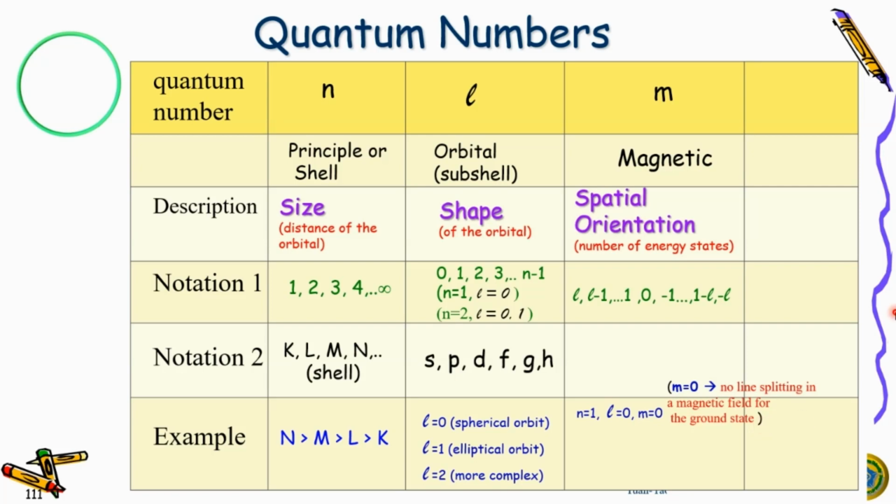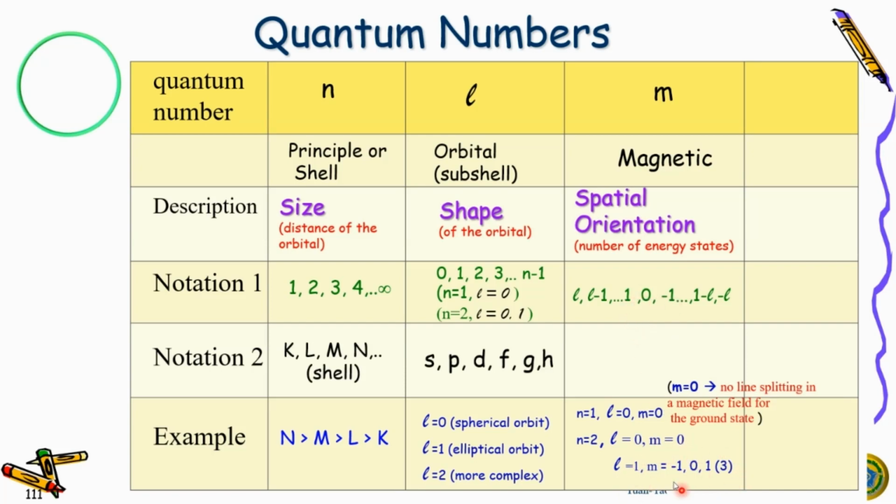How about if n equals 2, what happens? L will be equal to 0 or 1. If L equals 0, M will be equal to 0. If L equals 1, then M will be 1, 0, minus 1.